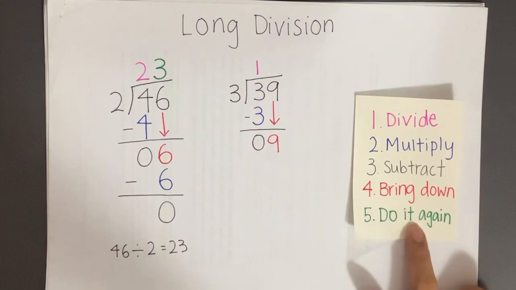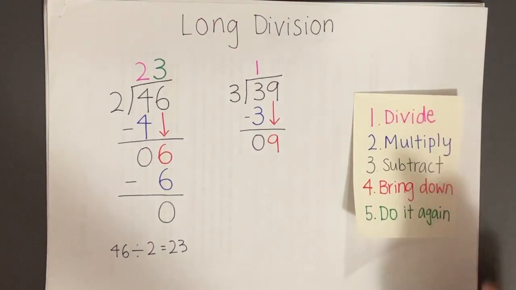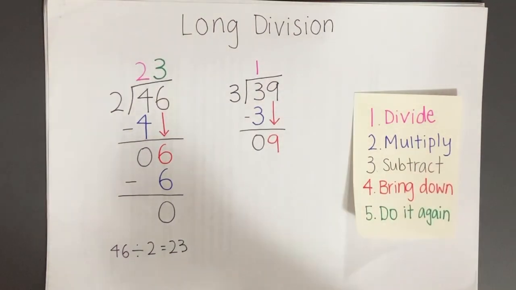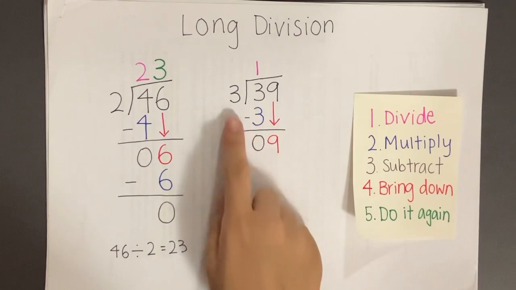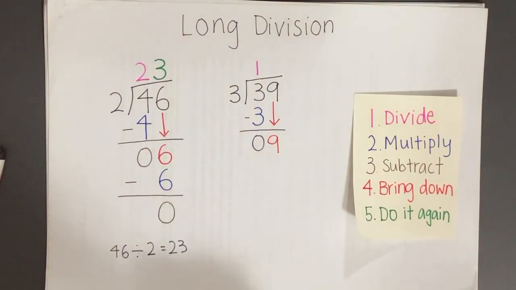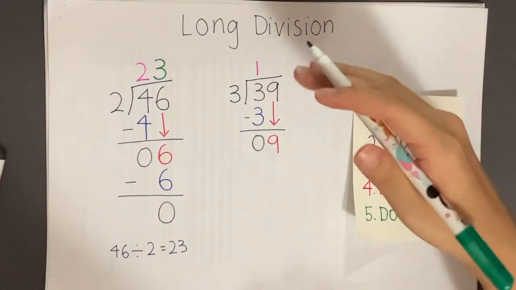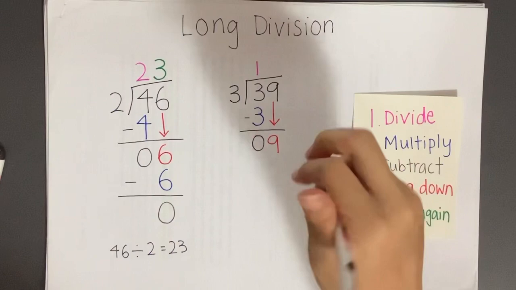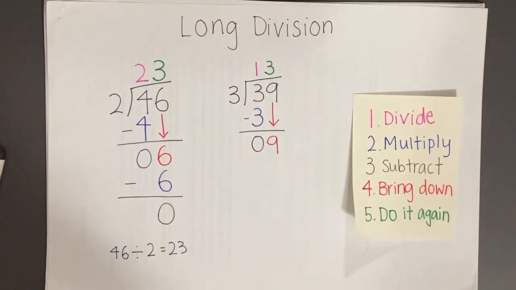Next, I need to do it again. So I need to go back to the first step, which is to divide. Now I have 9 left. My 9 ones, I need to divide by 3, which gives me 3. Since I'm going back to the first step again, I start from the top to go to the bottom. I write my 3 here. Next step, multiply.